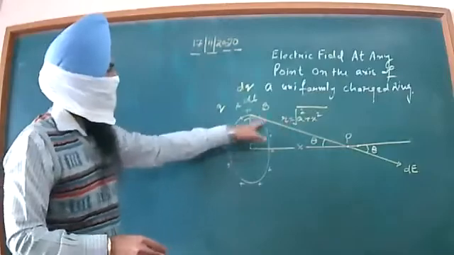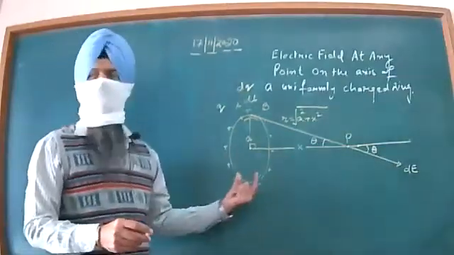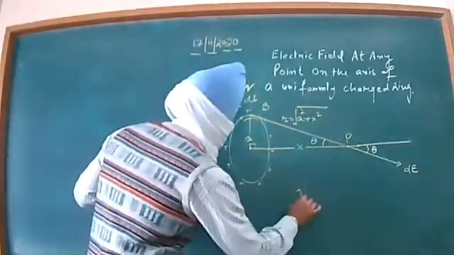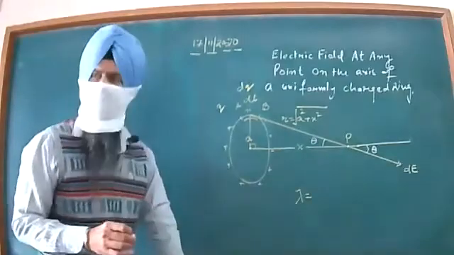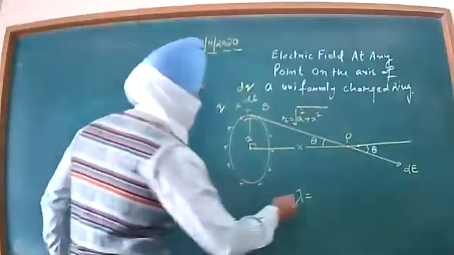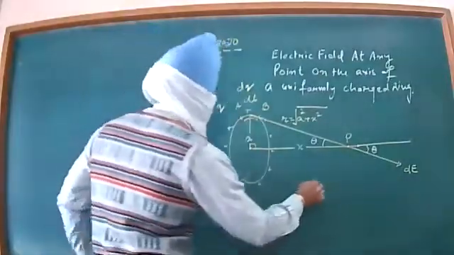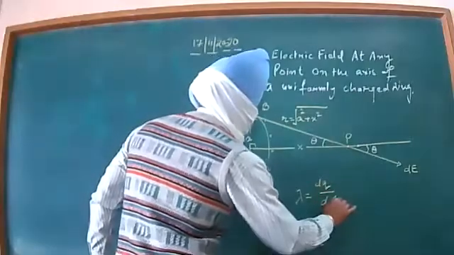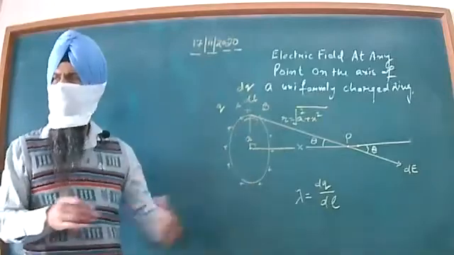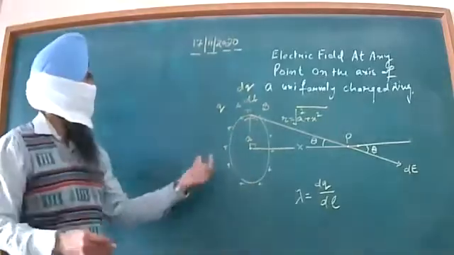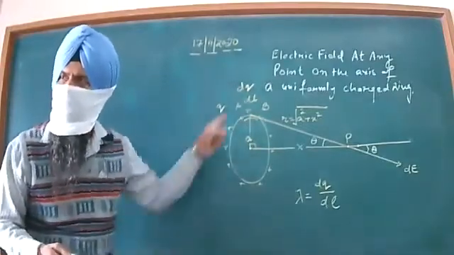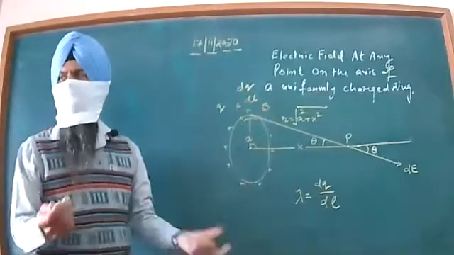Now, before I begin with the detailed discussion of the electric field intensity, imagine that lambda is the linear charge density of this particular ring, and it is equal to dq upon dl for this small element, small amount of charge divided by the small length, that is, charge per unit length. If you calculate for the whole ring, it will be q over 2 pi a. 2 pi a is the length of this whole ring, so it will be q over 2 pi a.